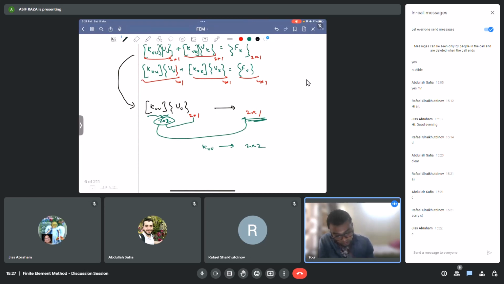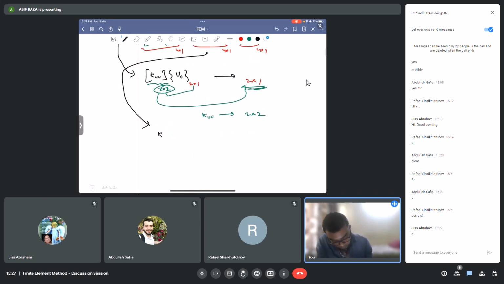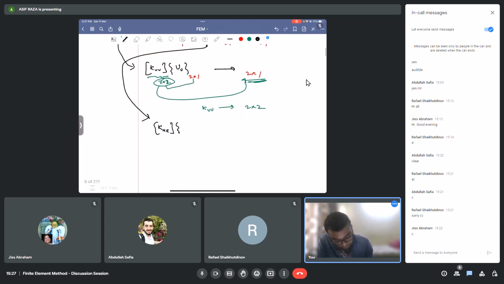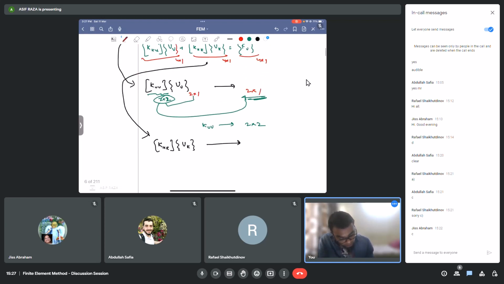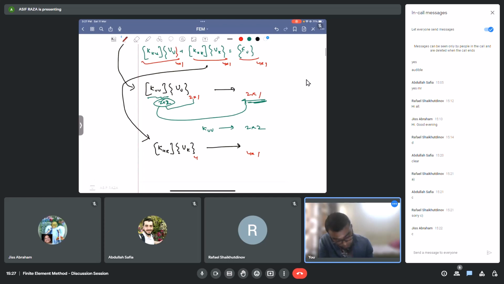Now take this one, K_kk u_k. The result is 4 by 1. u_k has a dimension of 4 by 1.